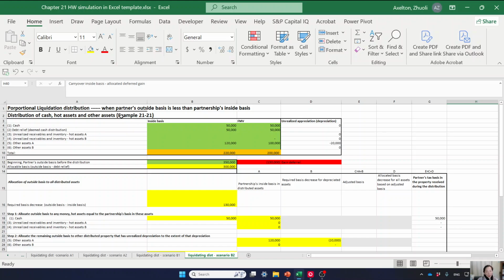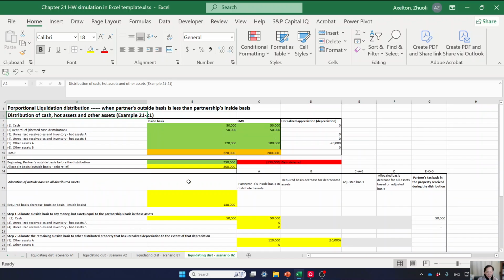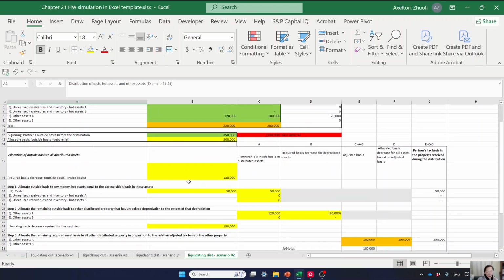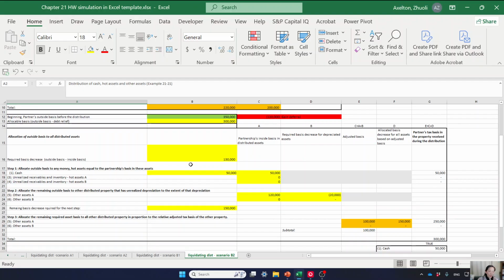All the simulation is tied to the example in the book, and it could help you see how the calculation is done in a more condensed manner.